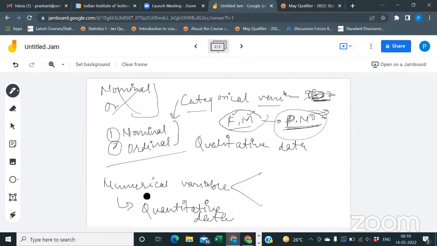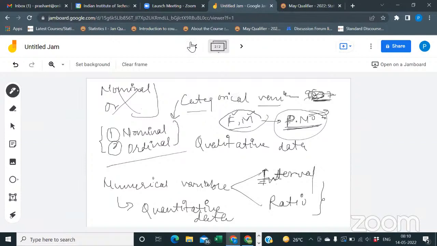For numerical data, the interval scale and ratio scale are the two you have to remember. Is it clear? Okay, sir. Now it's clear.